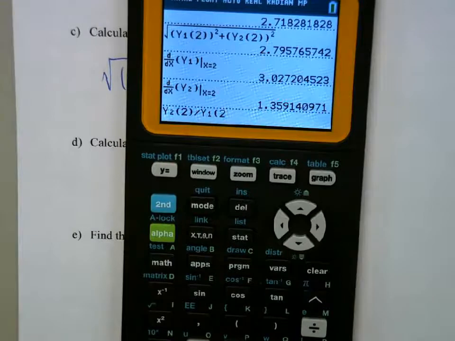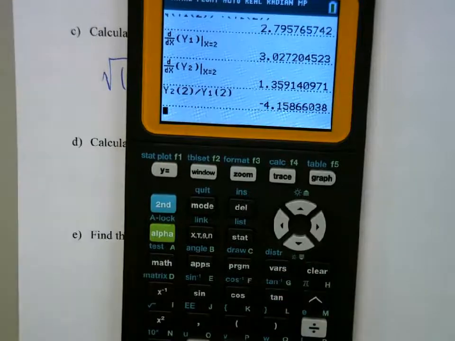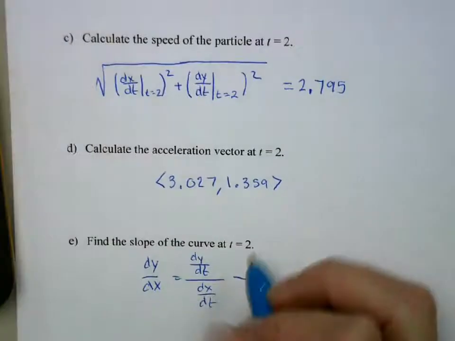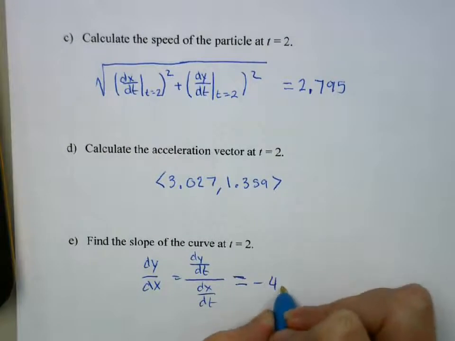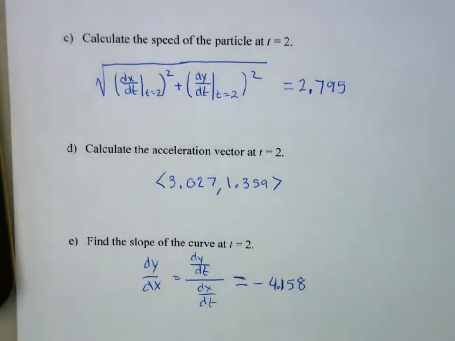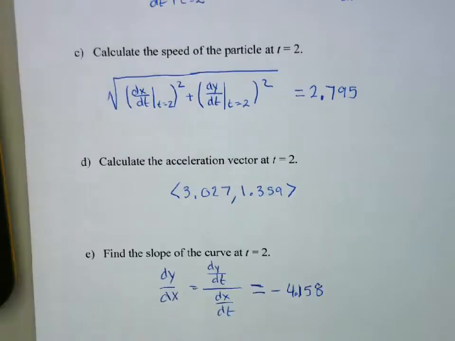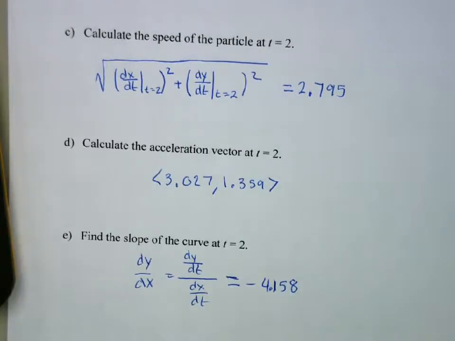Okay, which is negative 4.158 or 59. And that's how you use the calculator to do a question like this. That is the calculator portion of your Unit 3 review.